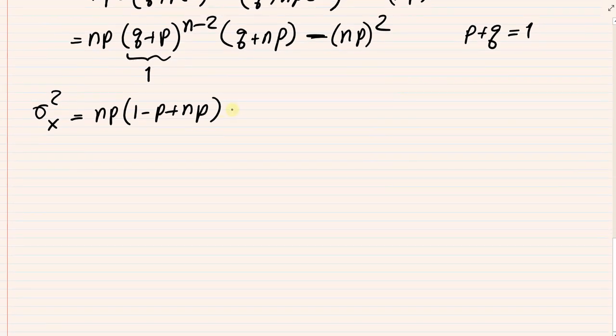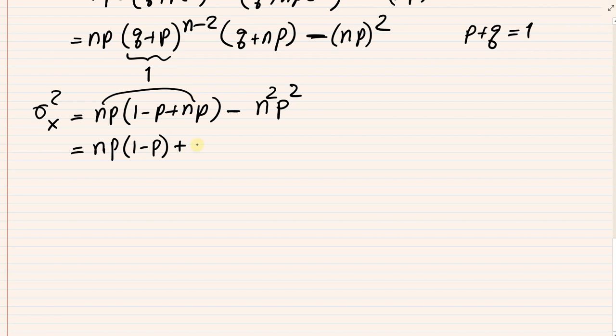All right, and that's going to be negative n squared p squared once you raise it to a power. And then let's go ahead and distribute np times 1 minus p plus np. I'm just going to move that expression out, distribute, and write it outside the parentheses. Minus n squared p squared. The reason is obvious, because they're opposites. So that's going to be np times 1 minus p.